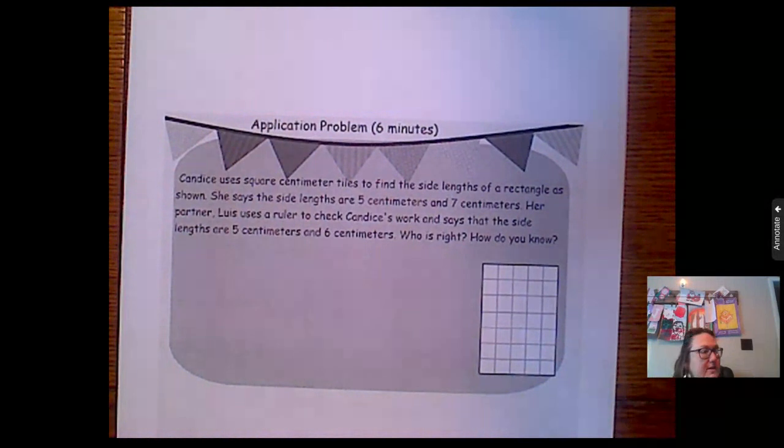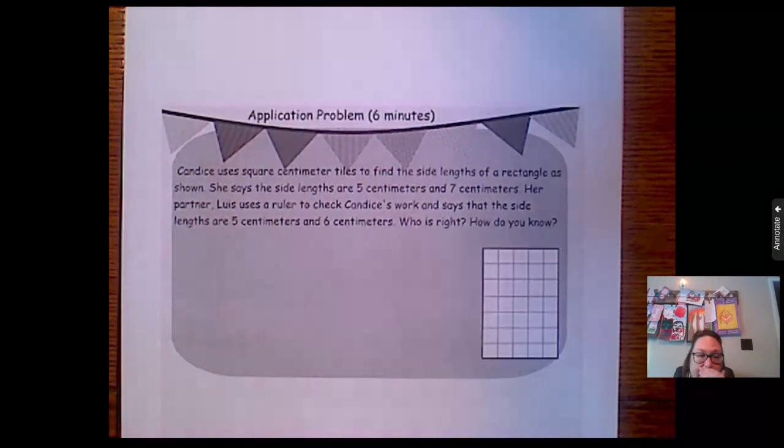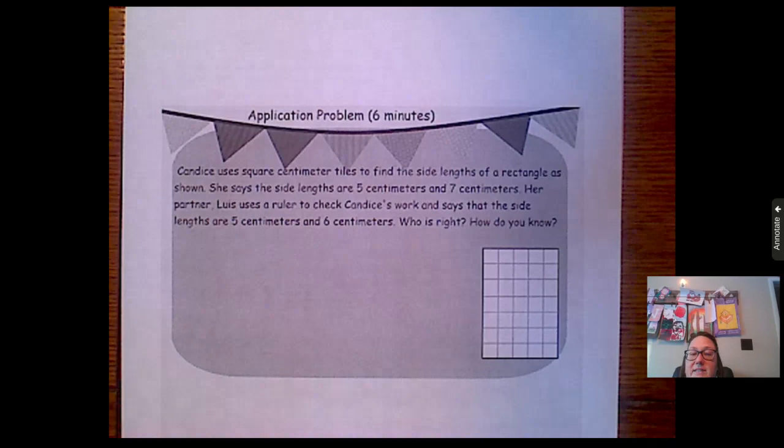Okay, so if we take a look, it says Candace uses square centimeter tiles to find the side lengths of a rectangle as shown. She said the side lengths are 5 centimeters and 7 centimeters. Her partner, Louise, uses a ruler to check Candace's work and says that the side lengths are 5 centimeters and 6 centimeters.